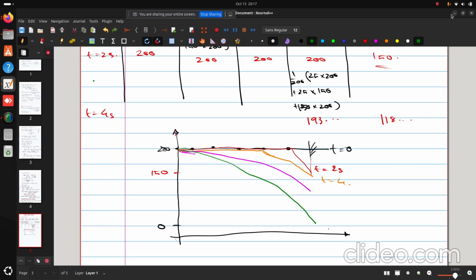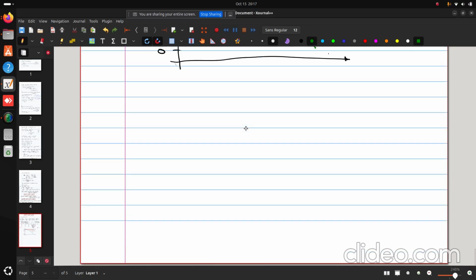So the SIMPLE algorithm gives a method for calculating the pressure and velocities, and the method is iterative. Okay, so just to give you a brief overview of what we had covered in the SIMPLE algorithm.